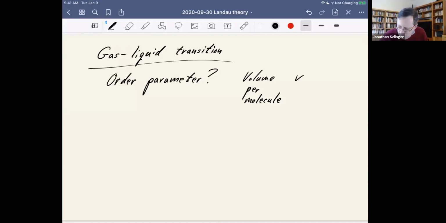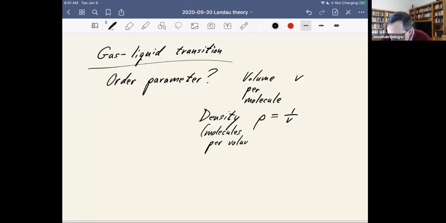So what about expanding about the density? Expanding in the density, right? So we could say, let's think about the density rho, which is 1 over V. So that's the molecules per volume. This would be an expansion about the ideal gas, right?